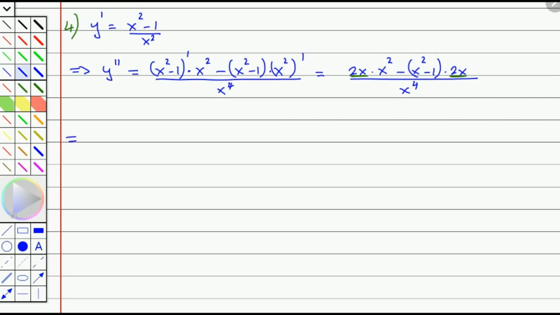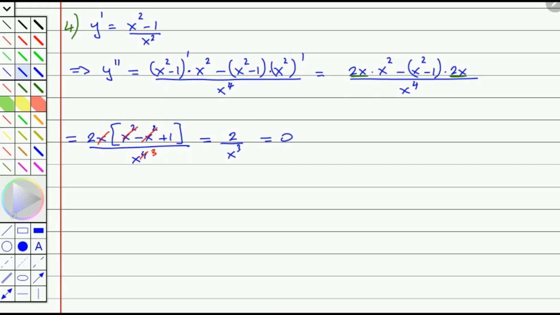So this is equal to 2x, square brackets, x squared, and let's get rid of the brackets here, minus x squared plus 1, divided by x to the fourth, and here we can simplify. Also the x squares in the brackets cancel, so we are left with 2 times 1, which is 2, divided by x cubed equals 0.